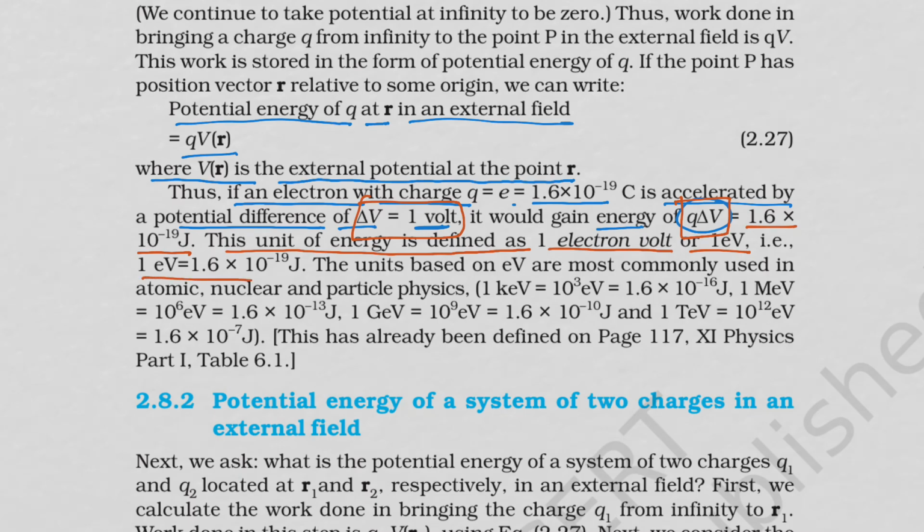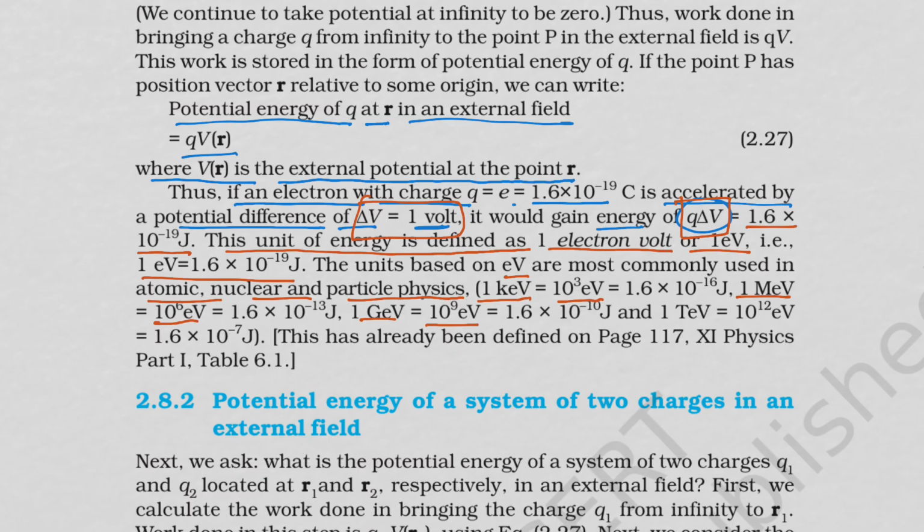So 1 electron volt is actually 1.6 into 10 to the power minus 19 joule. The units based on eV are most commonly used in atomic, nuclear and particle physics. And 1 kilo electron volt is 10 to the power 3 electron volt, and mega electron volt is 10 to the power 6, and giga electron volt is 10 to the power 9 electron volt, and so on.